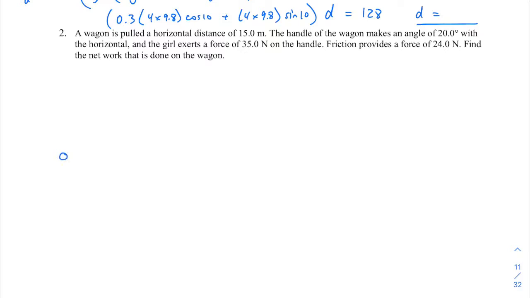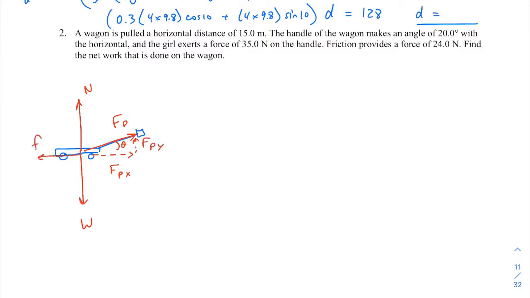So let's just look at what this is like. A Radio Flyer wagon. In terms of forces, I've got weight, I've got normal force, I've got this pull at this angle, so this is FPX, this is FPY, and then I've got friction. I know some values: my pull force is 35 newtons, and the force of friction is 24 newtons.